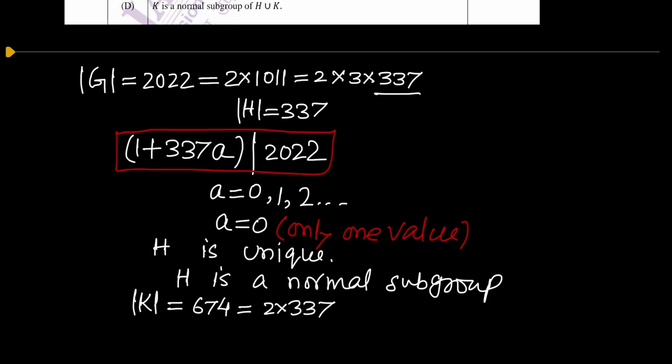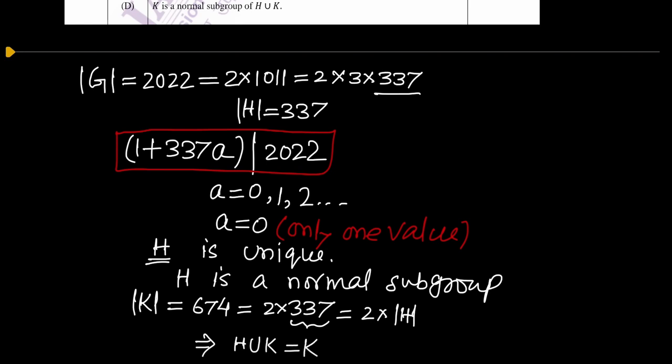You see that 337 again is a prime number, and the order of H is the same, that is, here I can write 2 into the order of H. And I have already proved that H is a unique subgroup. So H is also a subgroup of K, and this implies that H union K will be K.